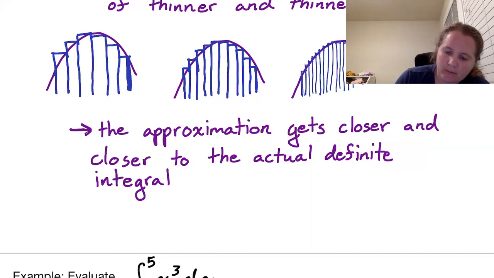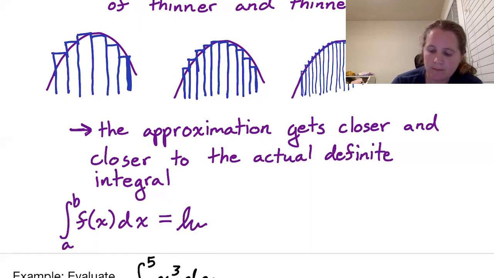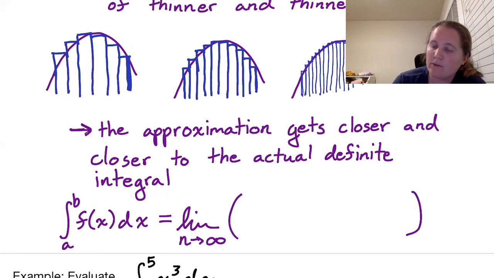So we wind up getting for each of these formulas, the definite integral from a to b of f of x dx is equal to the limit as n goes to infinity of any of those three formulas, right?